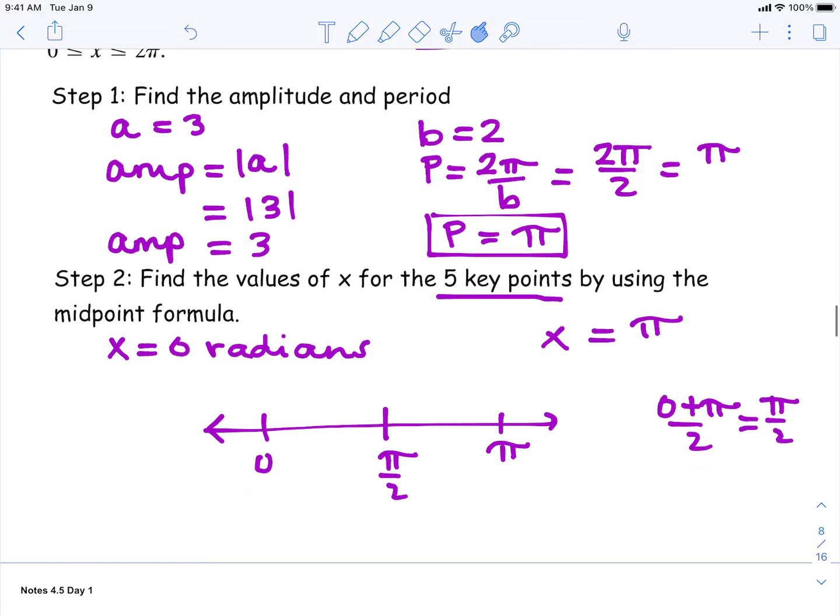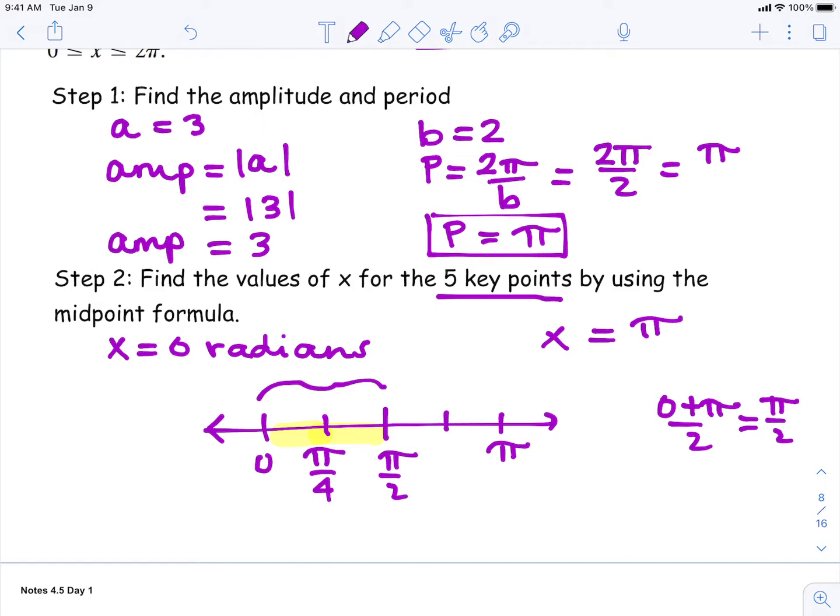Now we need to find the halfway point between 0 and pi over 2. Well, the halfway point will be pi over 4. So each increment is a distance of pi over 4. So pi over 4 plus pi over 4 is pi over 2. To get the next increment, I'm going to add another pi over 4.